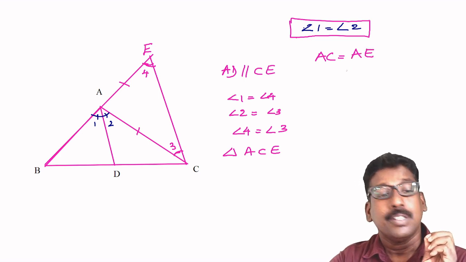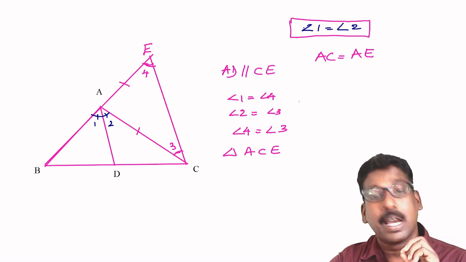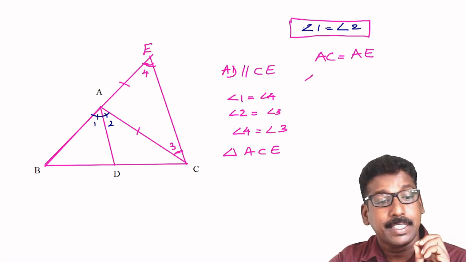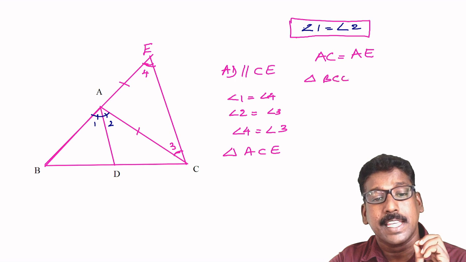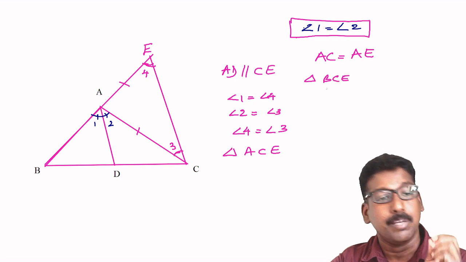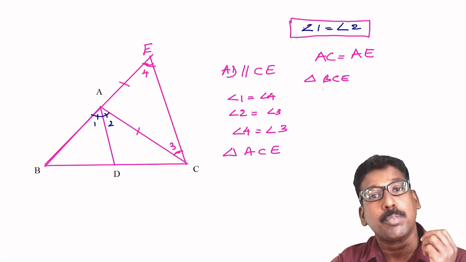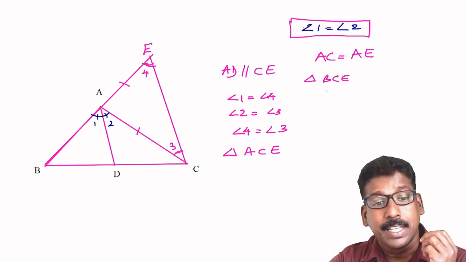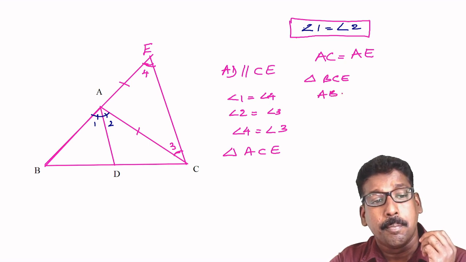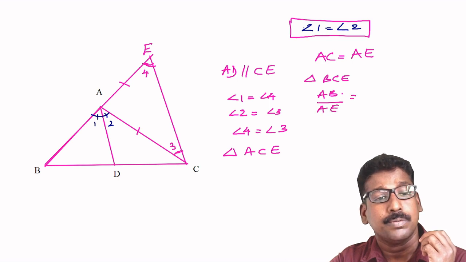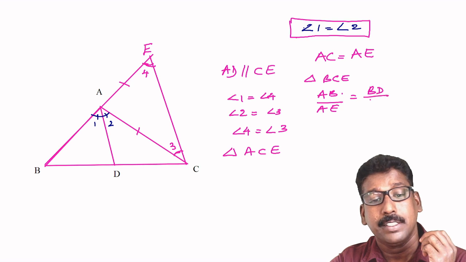Now, since AD is parallel to CE, in triangle BCE you can use the basic proportionality theorem, that is AB by AE is equal to, similarly, BD by DC.